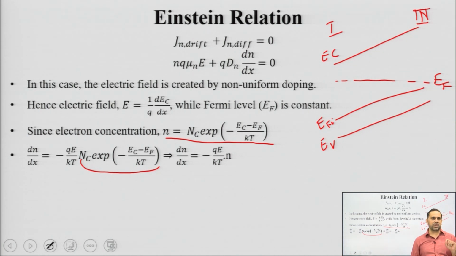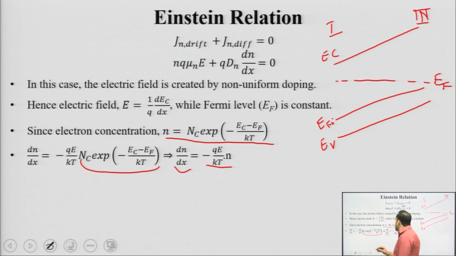We are talking about x, the distance, because the concentration gradient occurs in the spatial region. Region 1 had higher electron concentration, region 3 had lower electron concentration. This dn/dx is equal to minus q times E by kT times n.